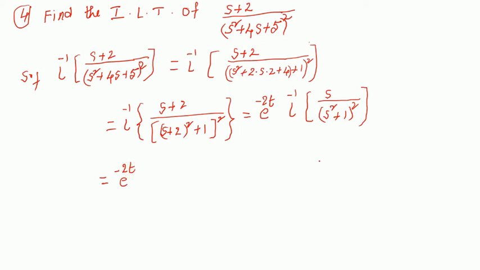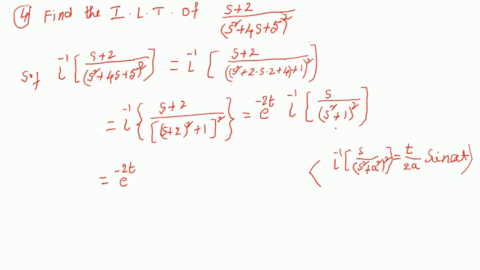So this is equal to e power minus 2t. What is L inverse of s by (s square plus a square) whole square formula? It is t by 2a sin at. By using this formula, this is of the form s by (s square plus a square) whole square.